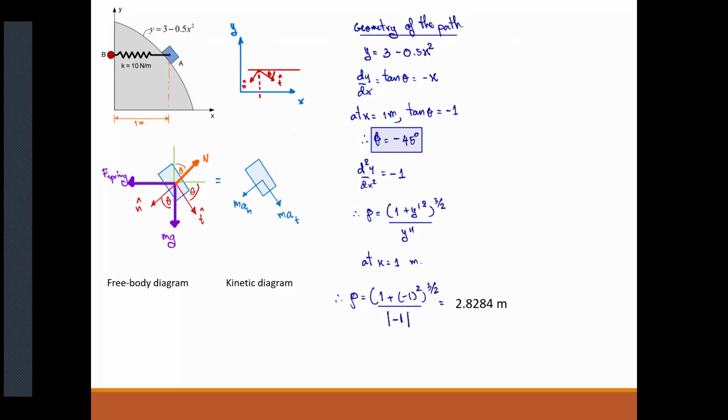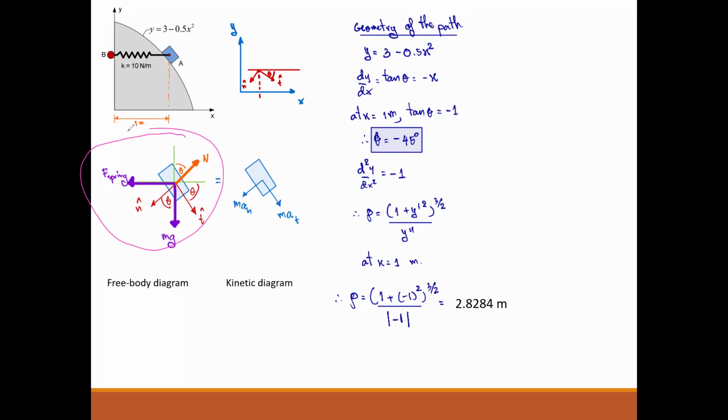We draw the free body diagram on the left-hand side in the normal and tangential coordinate system, and on the right-hand side is the kinetic diagram that follows the positive sign convention, which follows the normal and tangential coordinates.